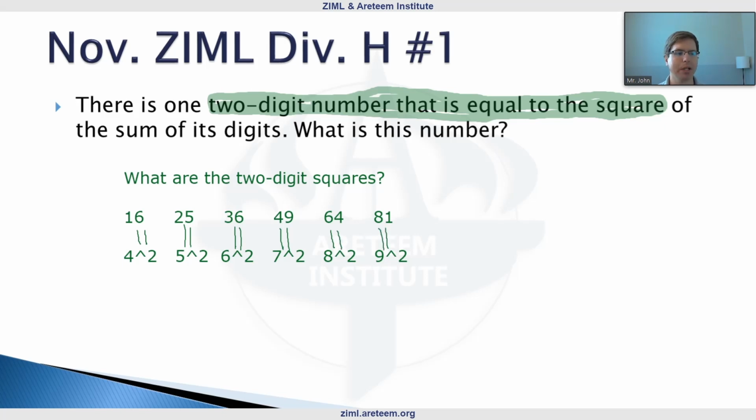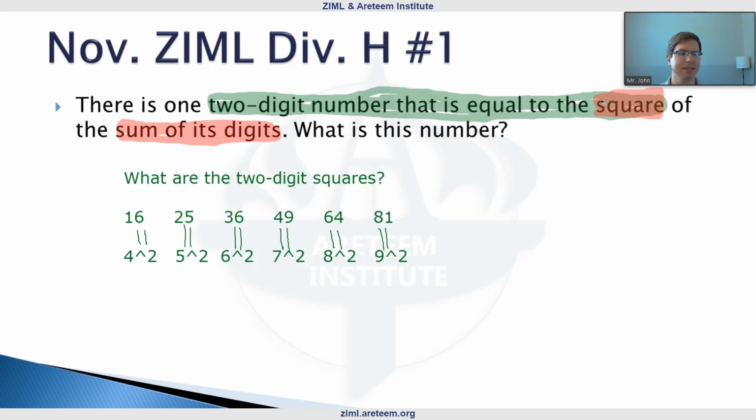Now, we go back to the full wording of the question. This square is supposed to be some specific square. This is the square of the sum of its digits. Well, we have 2-digit numbers, so it's pretty easy to find the sum of the digits.